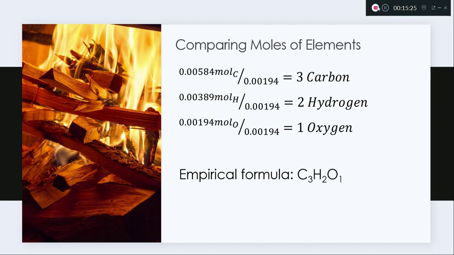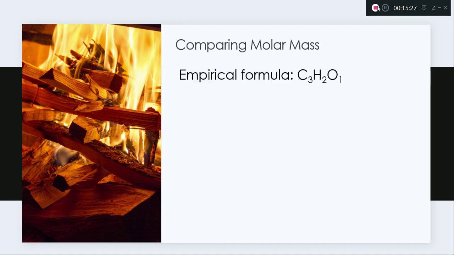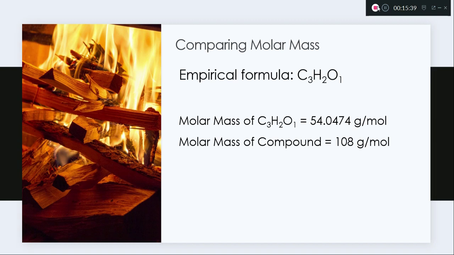The other half of the question asked for the molecular formula. Well, we've done this before: if we know the empirical formula and we get the molar mass of the empirical formula, we can compare the molar mass of the empirical formula to the molar mass of the compound that was given to us, which was 108. Well, I can see this, but I'm going to do it anyway. If I take my 108 and divide it by 54, I get really, really close to 2.